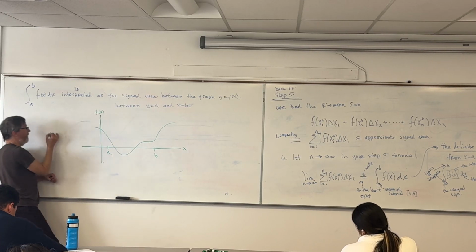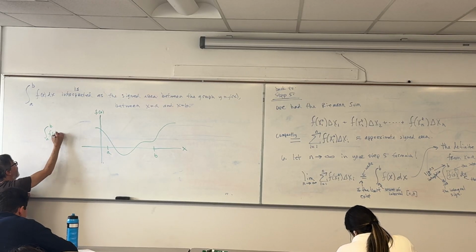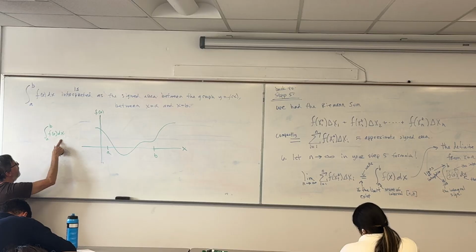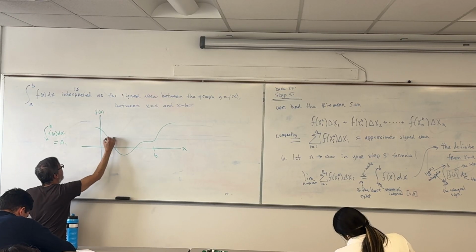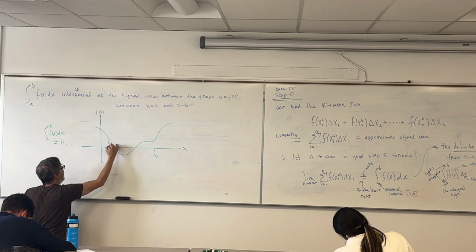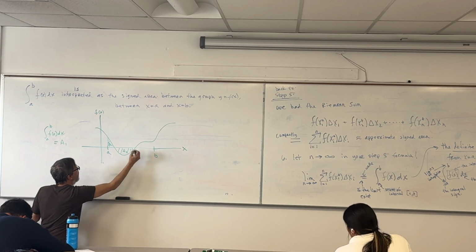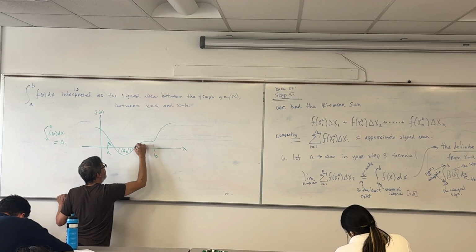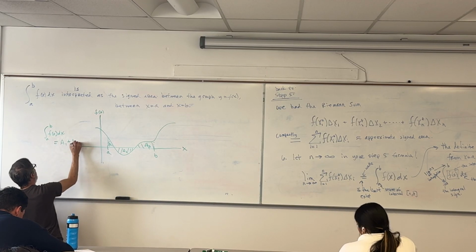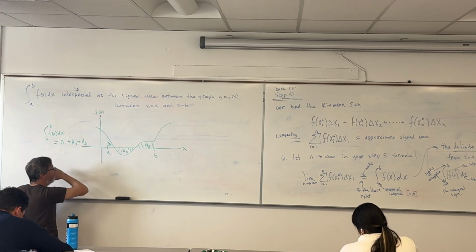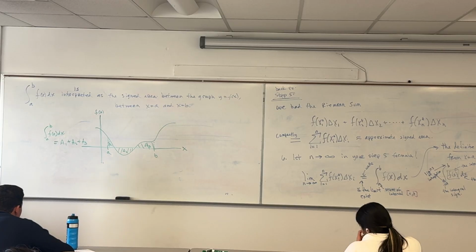Then what this represents is this area A1, plus this A2, plus this A3 that ends at B. It's the net signed area between A and B on the x-axis.